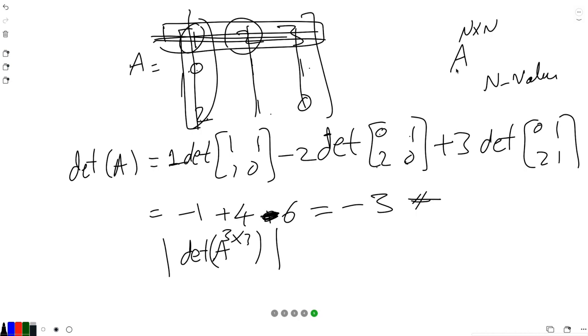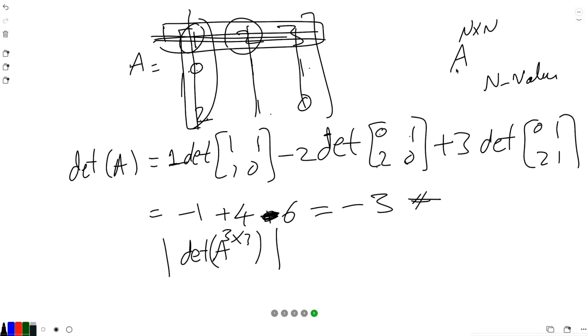The determinant is defined only for square matrices, like n by n, 3 by 3, 4 by 4. If it is 0, then the matrix is not full rank. So it is one test that you can do for a matrix: if its determinant is 0, then you know there is linear dependency between rows or columns. This is important to remember.